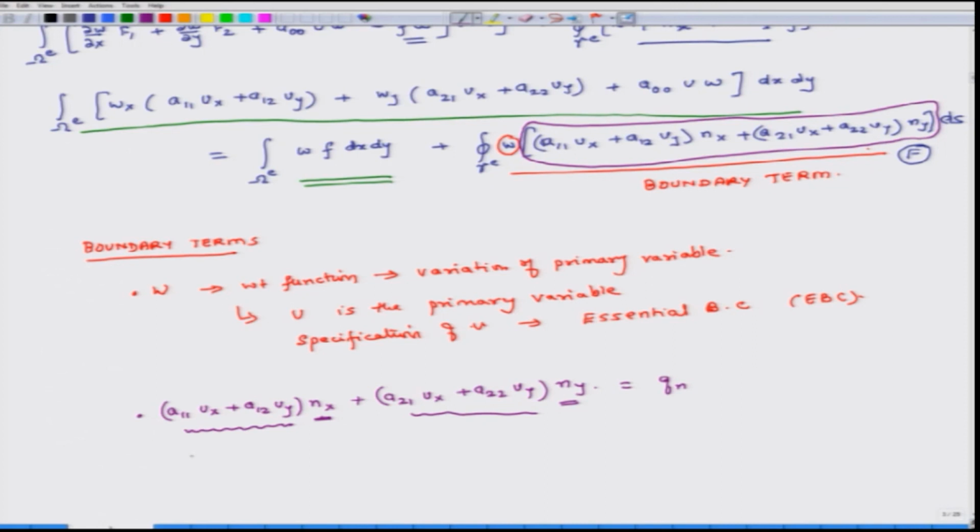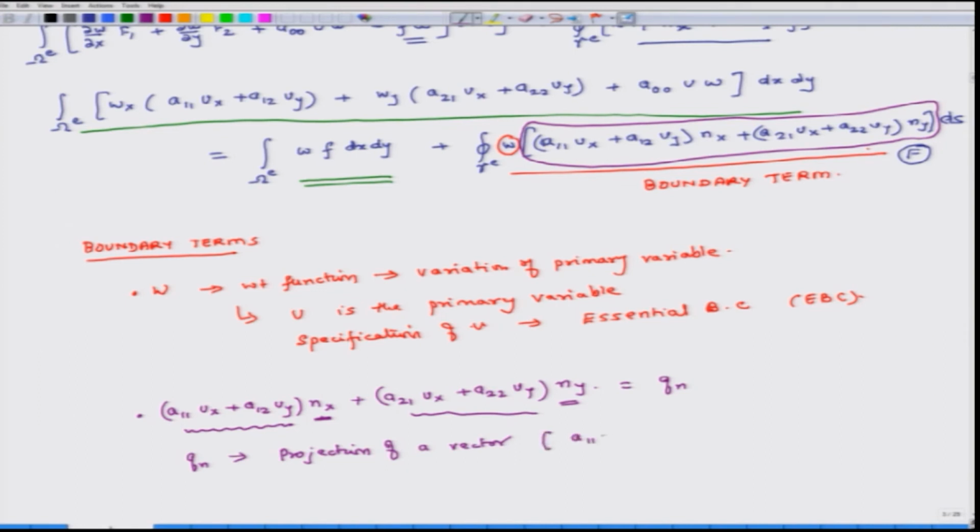So, what this means is that Qn represents projection of a vector, and what is that vector?